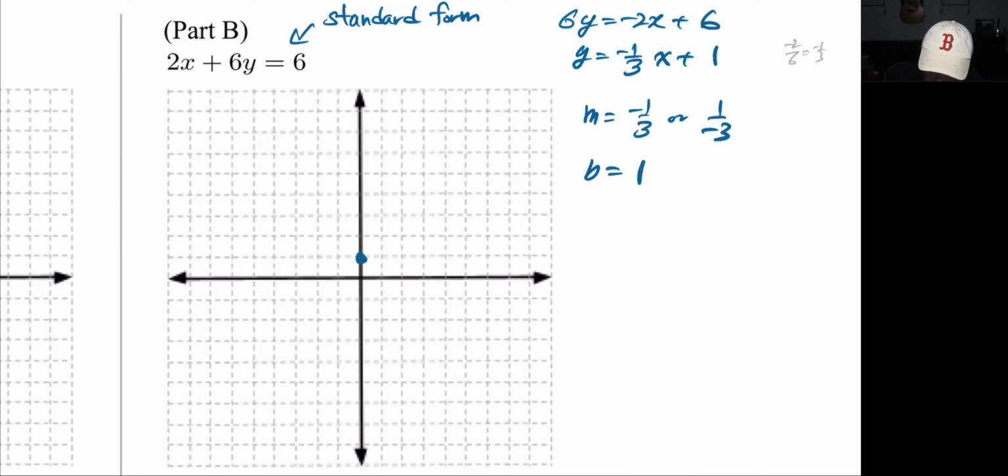So now let's go up 1, left 3: 1, 2, 3. Up 1, left 3, 1, 2, 3. All right, let's go the other way. Down 1, right 3, 1, 2, 3, down 1, and there you go.